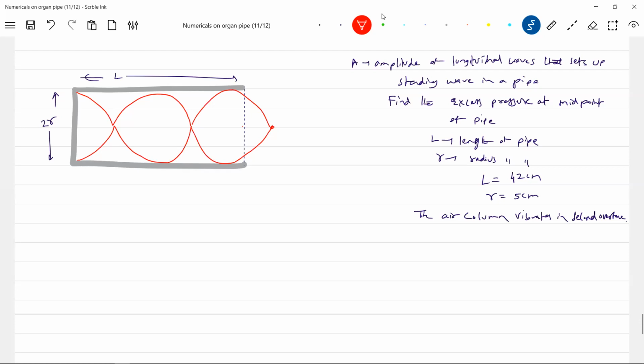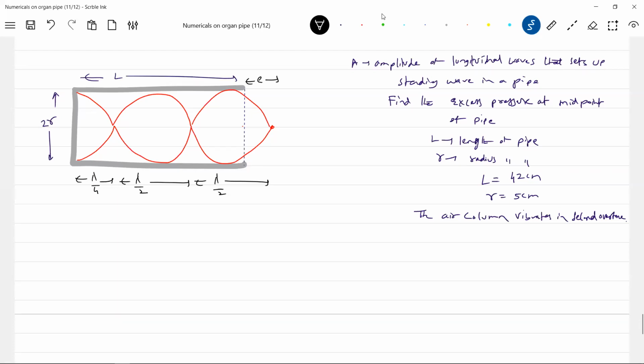This should be the method, no? And this is what we call end correction. Am I right? So then what is this? This will become lambda by 4, lambda by 2. This will be lambda by 2.